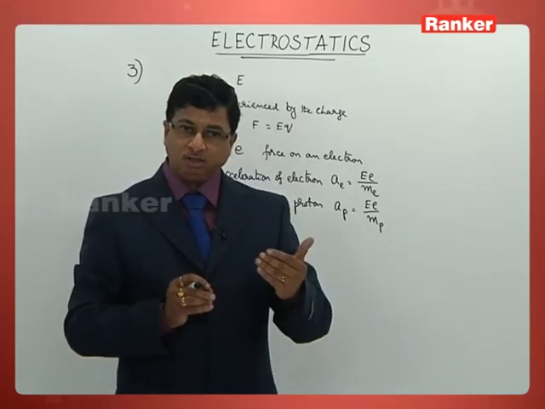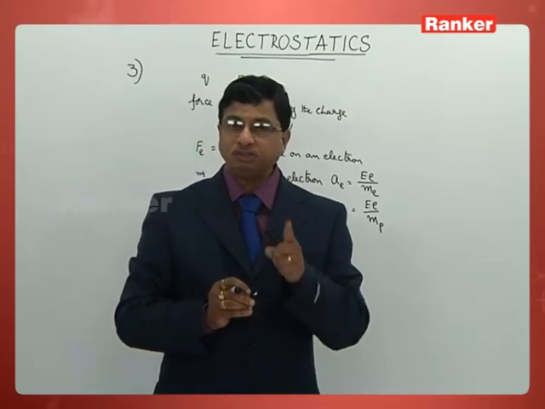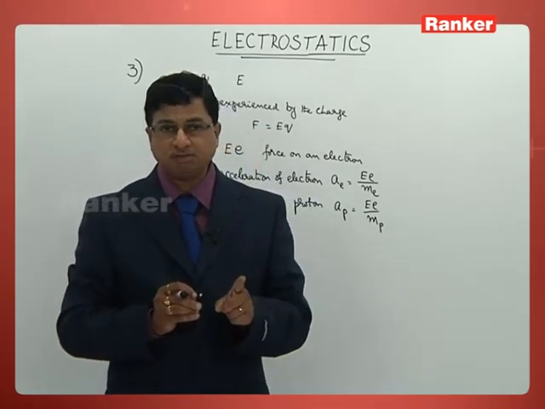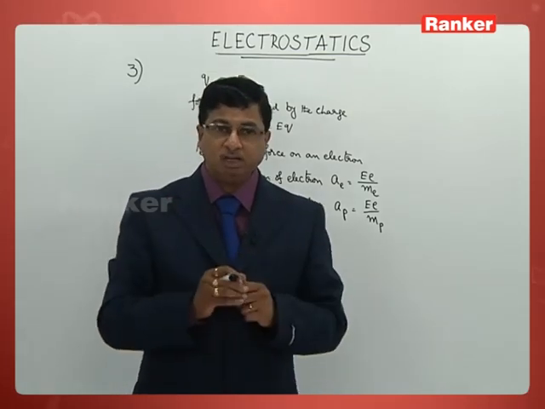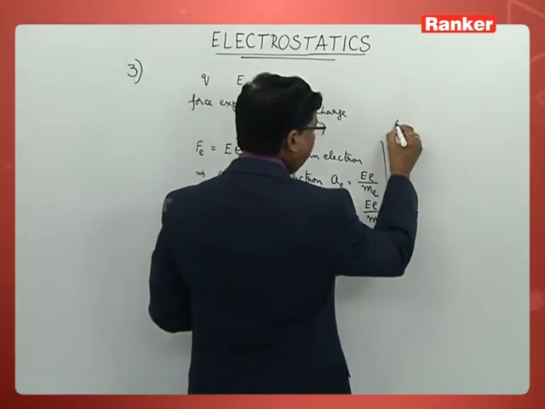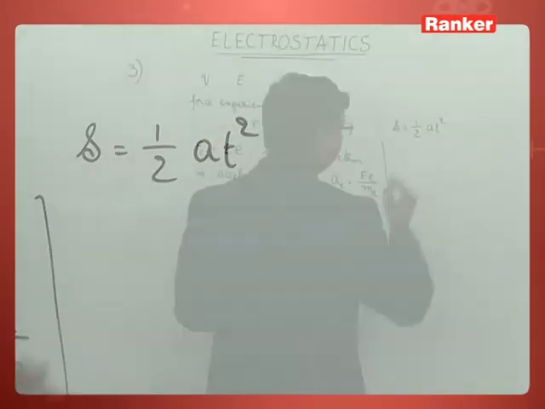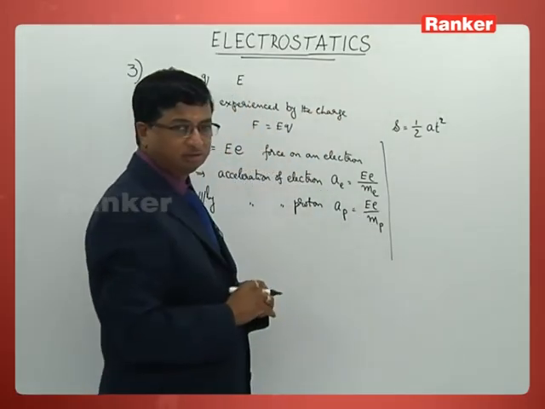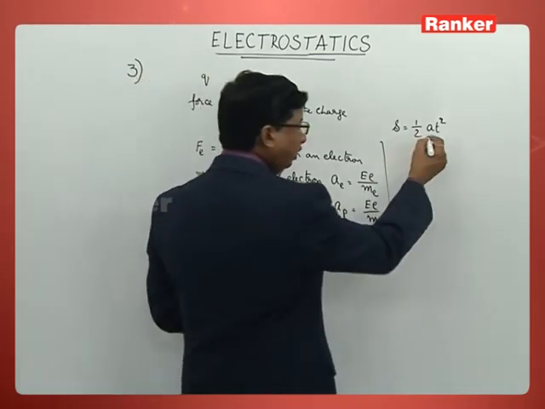Even the electron is traveling some distance, and the proton also is traveling the same distance, but with a different time in the same field. So according to the equations of motion, distance traveled must be half at square.